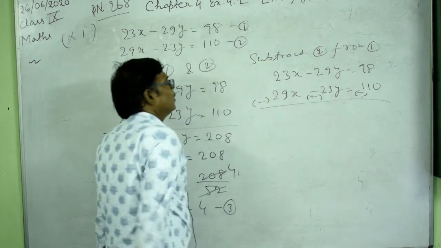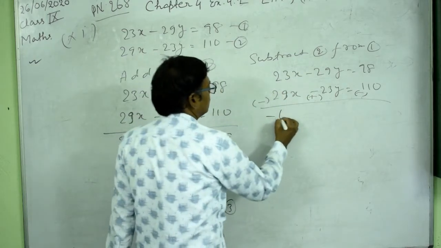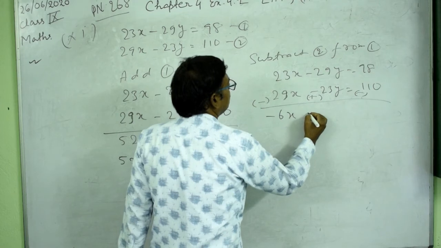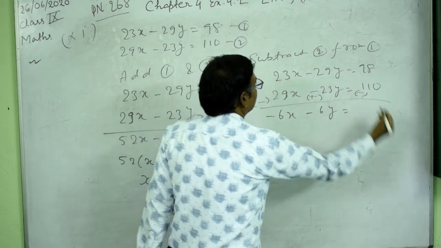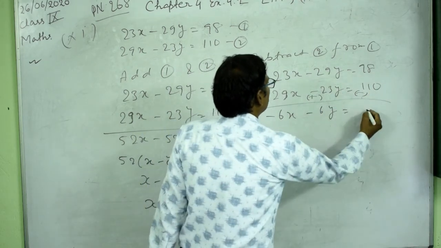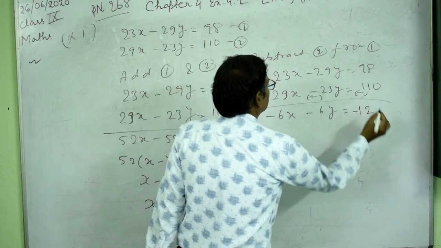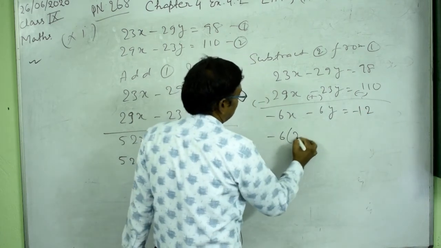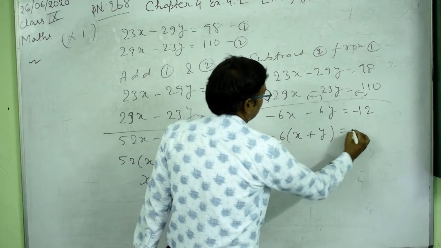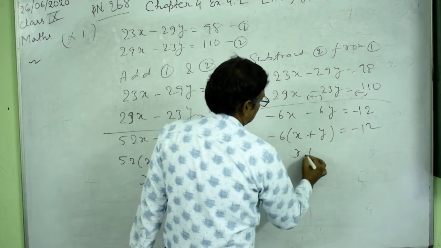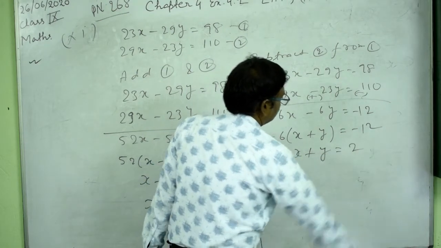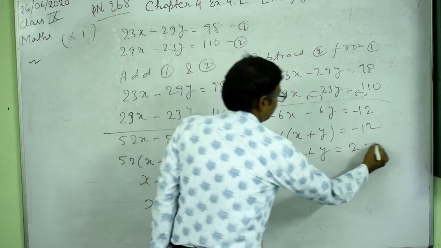So if you subtract, you will get -6x here, and here it will be -6y, and here it will be -12. Take -6 common, then x + y = -12/-6, so x + y = 2. Okay, so this is equation 4.